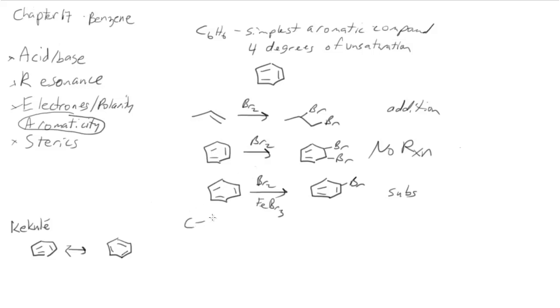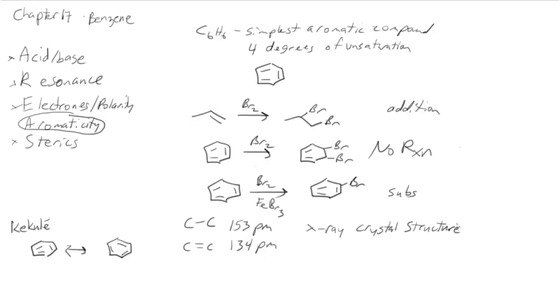So if we have a carbon-carbon single bond, carbon-carbon single bonds are typically about 153 picometers long, while carbon-carbon double bonds are 134 picometers. When you do X-ray crystallography, what you see are the positions of atoms, and you can easily measure the bond lengths between them.